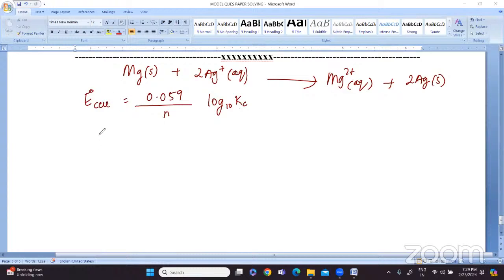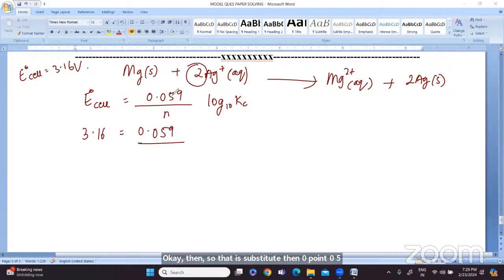E naught of the cell is 3.16 volts. Then substitute 0.059. What is n? n is 2. You can see here n is 2, the number of electrons involved. Then log of the equilibrium constant is to be found out.